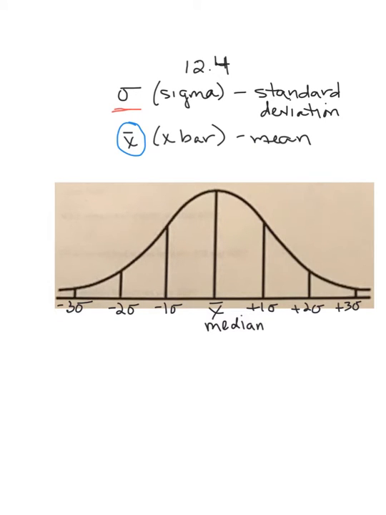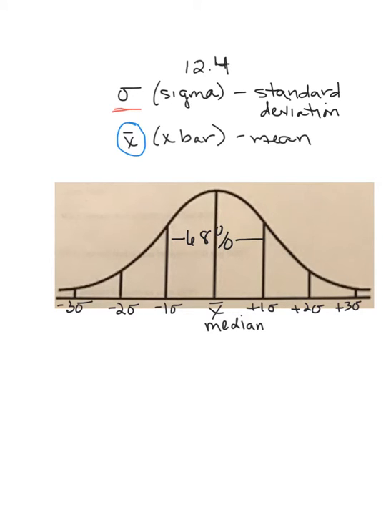Now that we have those numbers in place, let's talk about the percentages that are always true on normal curves. 68% of all data goes from the -1 to the +1.